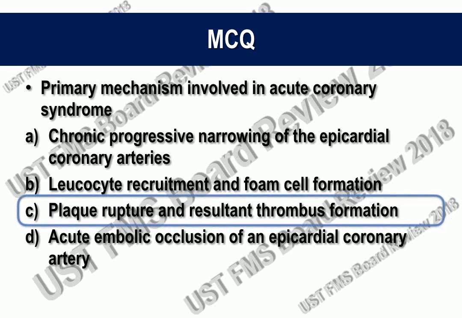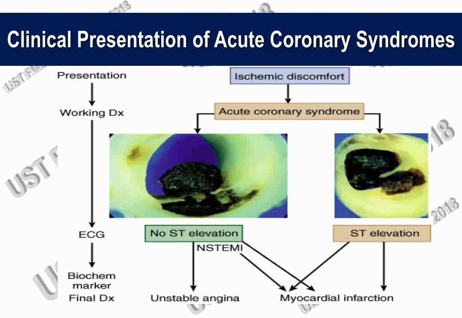So the answer here is a plaque rupture. That's in fact the pathophysiology of acute coronary syndrome. Chronic progressive narrowing is basically the mechanism in stable ischemic heart disease, while you rarely do have acute embolic occlusion of an epicardial coronary artery.